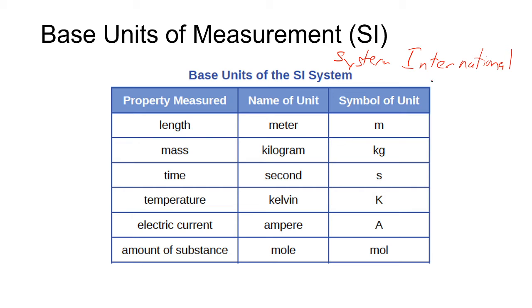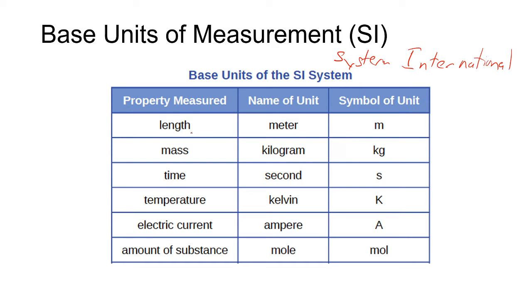This is an international organization, and for all science it's really helpful for us to have standard units to make measurements in, because if one country does all of its measurements in a particular unit and then another country does it in a different unit, it's very tough to convert back and forth, and it needs to be standardized. So we use base units, part of the SI system, to do a lot of these.